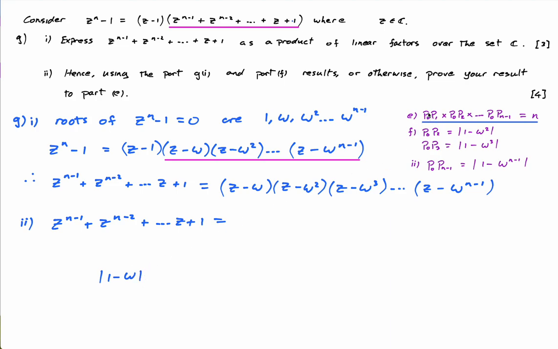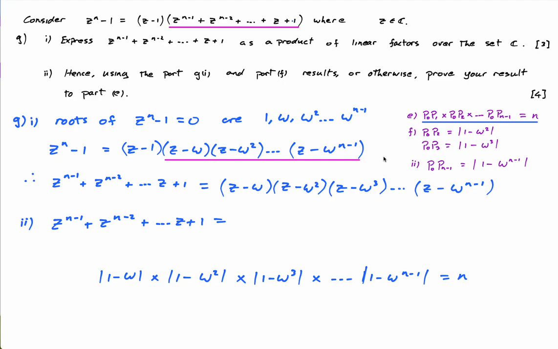We found out from previous parts that P0P1 is 1 minus omega. So we need to say that times 1 minus omega squared, because that's P0P2, times 1 minus omega cubed, the magnitude of this, times dot dot dot all the way to 1 minus omega to the n minus 1, magnitude of this. We have to show that all of that equals n. And we have to use this thing to show it.